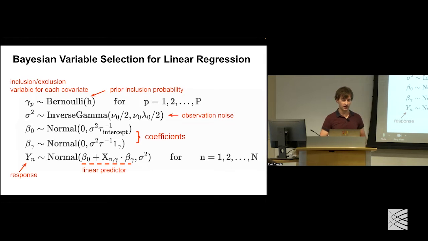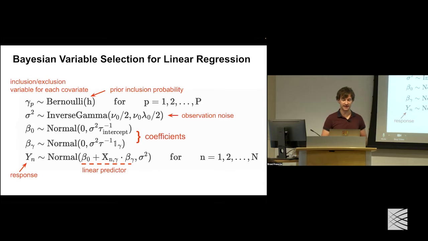Again, we're going to introduce a p-dimensional vector of gammas, where each element of gamma is drawn from a Bernoulli distribution. And the prior probability is governed by H, where H is a prior inclusion probability, right?